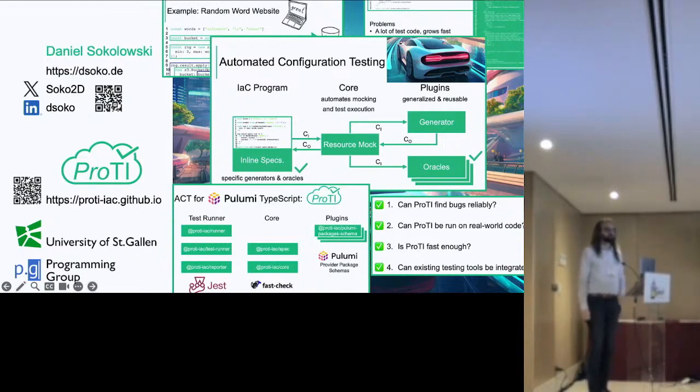Nice talk. I just have one clarification question. You mentioned that you ran ProTI on a lot of real-world code. What does that mean exactly? Because there were some repositories, and then it turned out that only 1% of them had a unit test. So did you automatically create mocks for those unit tests, or did you automatically generate new assert statements?